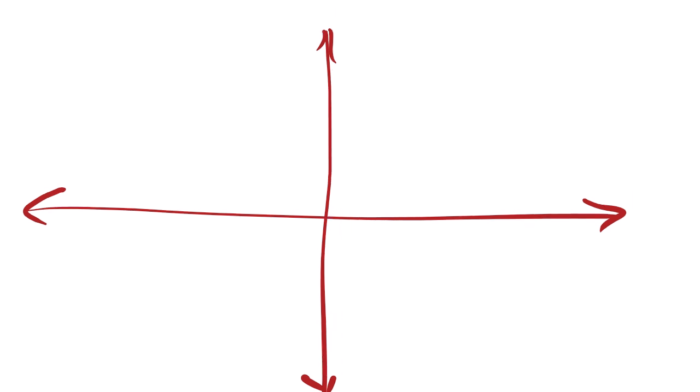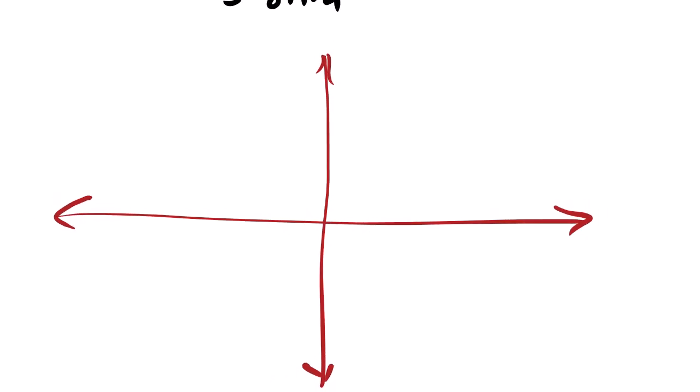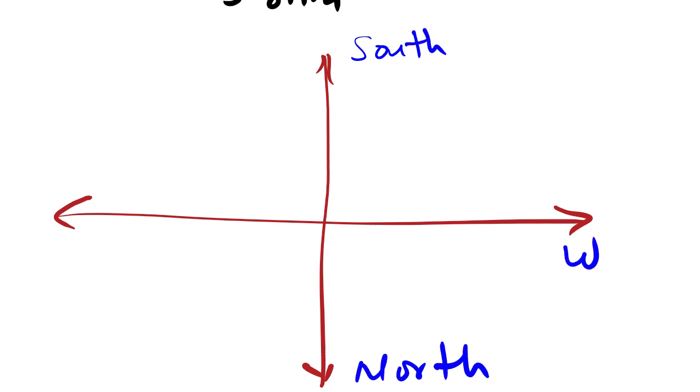When you are talking of displacement, you always need to talk about the direction of the motion. For example, let's say this is south, this is north, this is west, this is east.